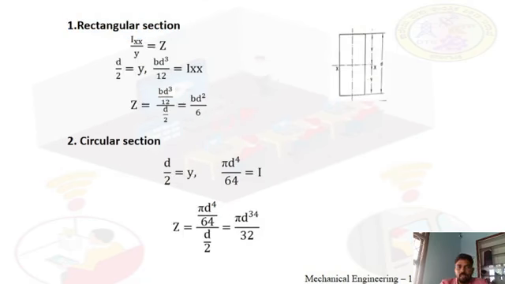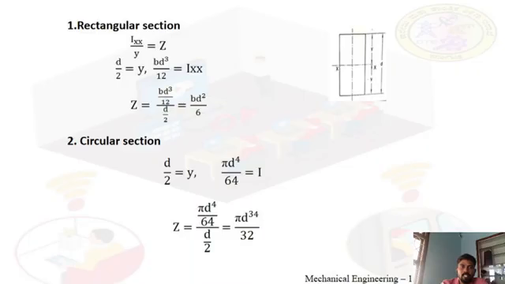We'll see the section modulus for rectangular section and circular section. I by Y is equal to section modulus. Y is depth by 2 in a rectangular section, d by 2, and the moment of inertia of a rectangular section, which I have already explained in unit 2, is BD cube by 12.